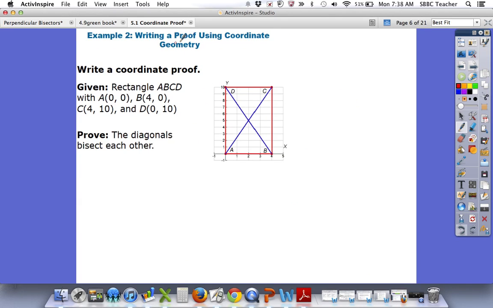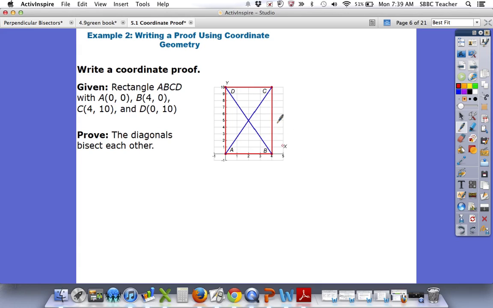Example 2, writing a proof using coordinate geometry. Given rectangle ABCD with A at (0, 0), B at (4, 0), C at (4, 10), and D at (0, 10), prove the diagonals bisect each other. The diagonals are these blue lines. Diagonals are lines that go from vertex to vertex.